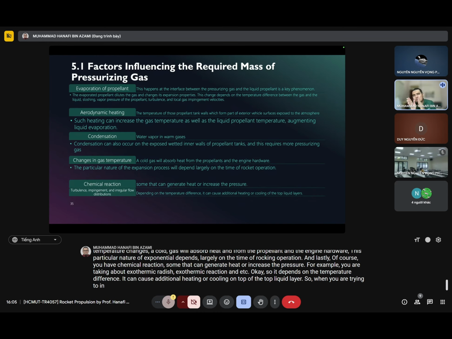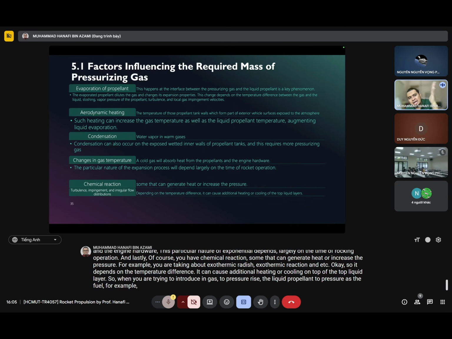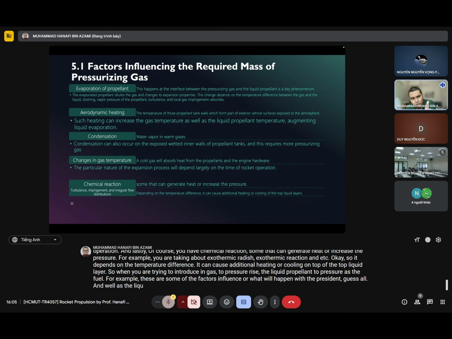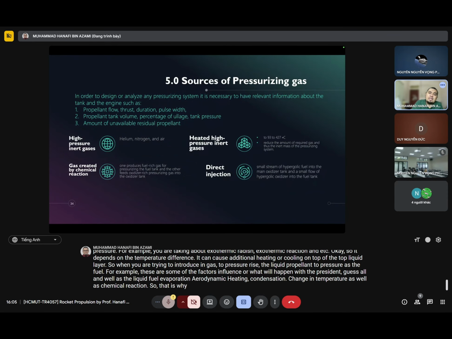So when you introduce inert gas to pressurize the liquid propellant, to pressurize the fuel, these are some of the factors that influence what happens with the pressurizing gas as well as the liquid fuel: evaporation, aerodynamic heating, condensation, change in temperature, as well as chemical reaction. That is why choosing the right pressurizing gas is important.